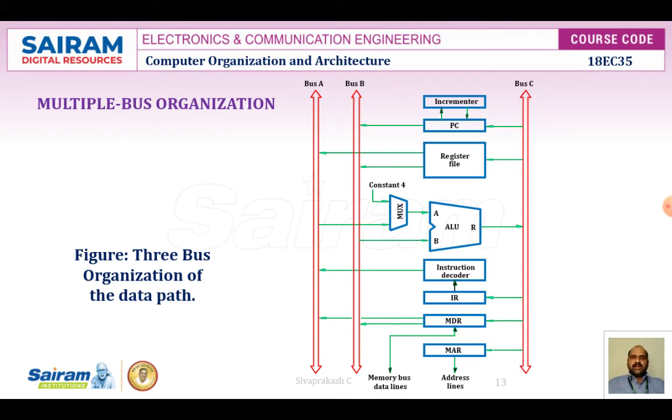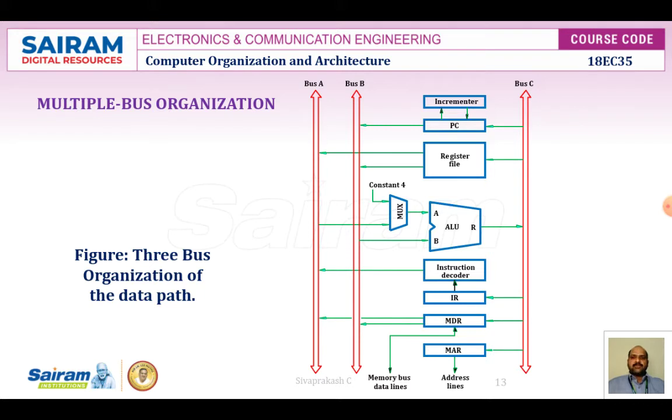Since the delay increases in a single bus organization, the control sequences are quite long. So, to reduce the number of steps, most processors provide multiple internal paths. These multiple paths enable several transfers to take place in parallel.